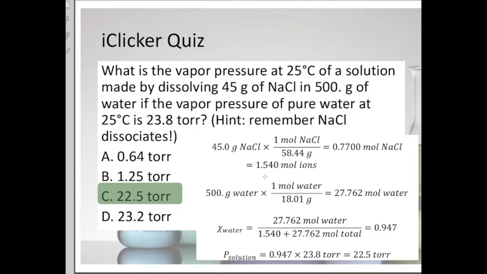Now our water we can turn into moles as well using the grams and the molar mass, and then we'll take the mole fraction, 0.947, and to find the vapor pressure above the solution, all we do is multiply our mole fraction times the vapor pressure of the pure solvent.